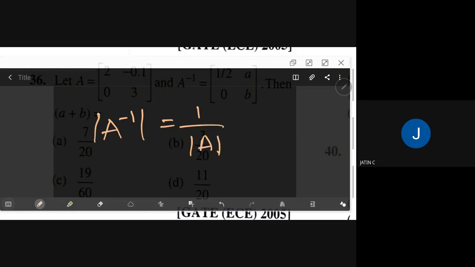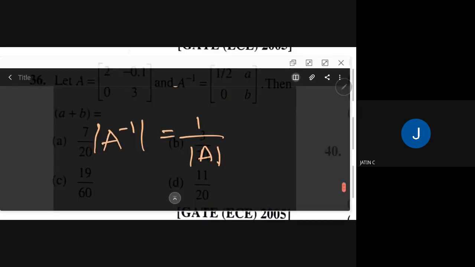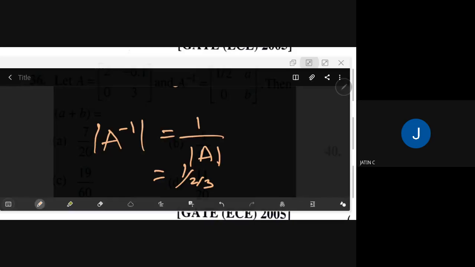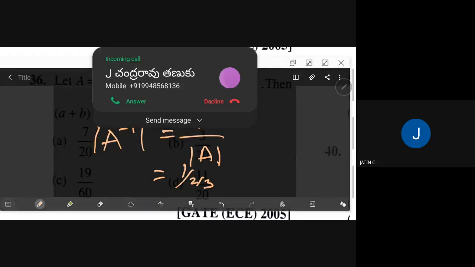So if you make use of this, det A is 2 and det A inverse is half. B by 2, so you have 1 by 2 on this side, and this side you have B by 2.